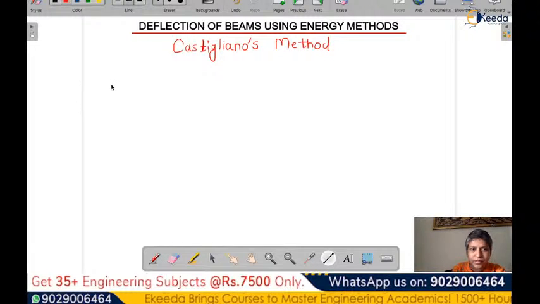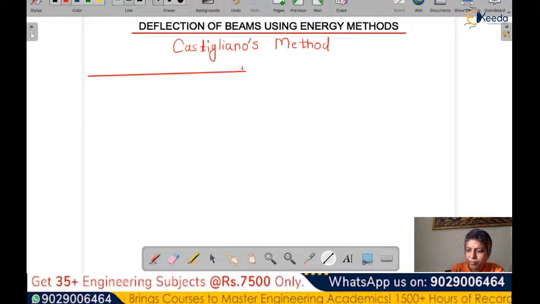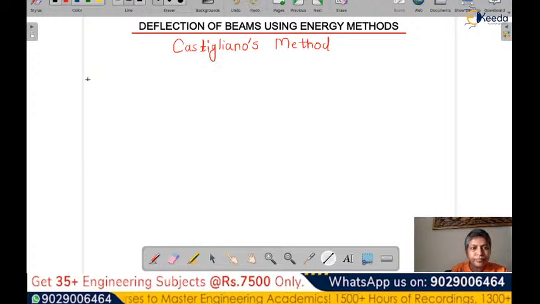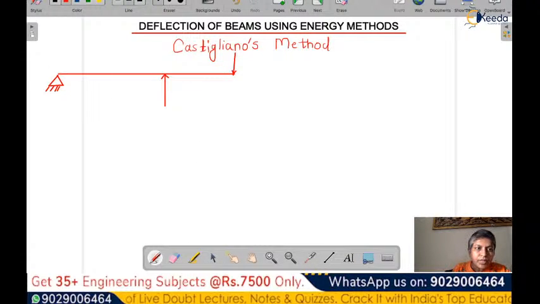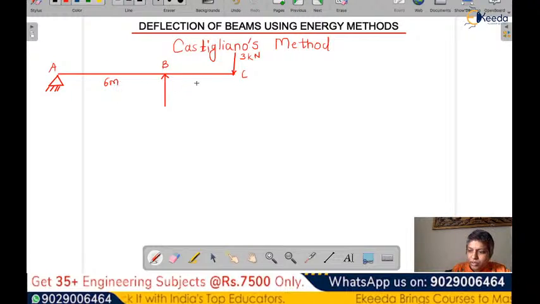So in this case, if this is a beam, here one end is hinged, then there is one support B, and there is one load acting over here. This is A, B, C. And this is a 3 kilonewton load acting over here. This is 6 meter, and then this is 2 meter span.